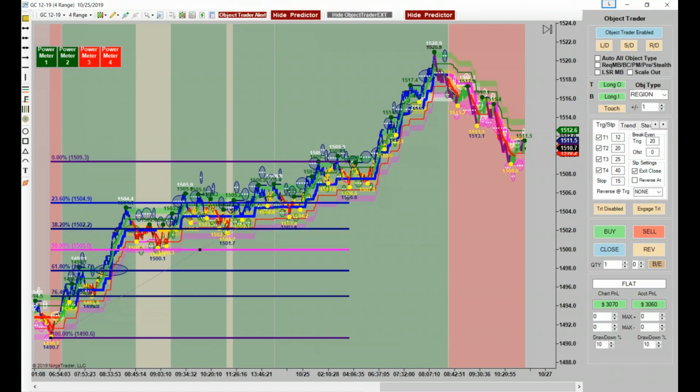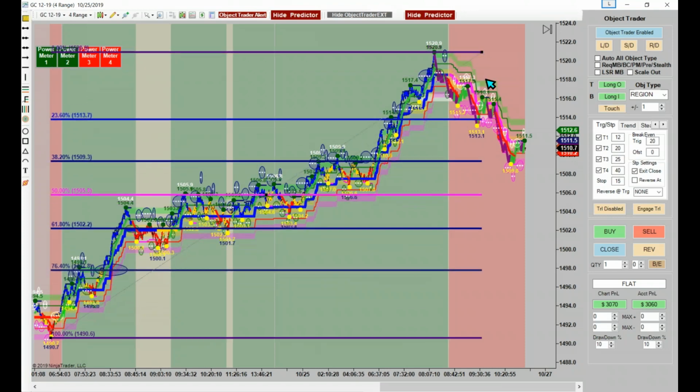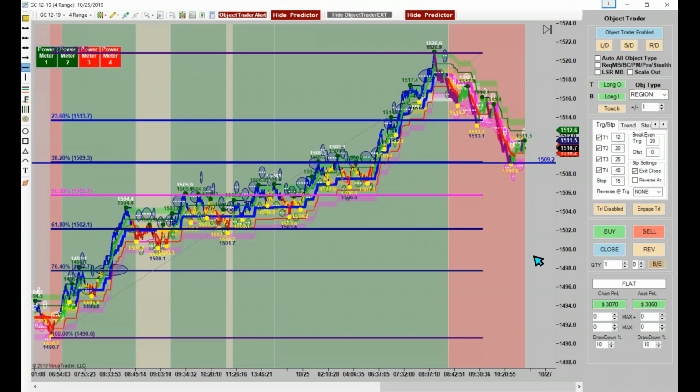This is a big move right here. 38%. More than likely they're done retracing, and they'll probably go up again. So anytime you get this, that seems like a lot of down movement, and it is. But all they did is come down and check the 38% retracement, and they'll probably take it up again.